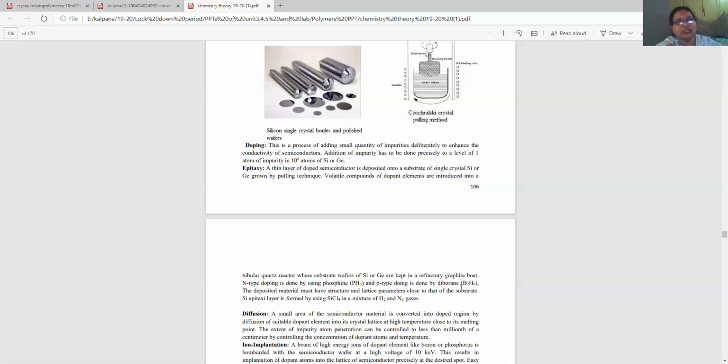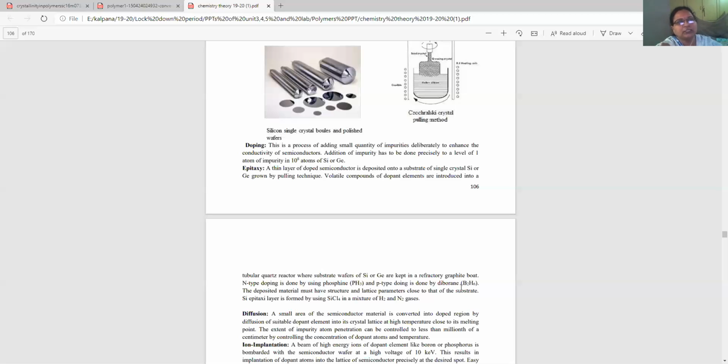So you are growing a matrix of silicon over germanium, or silicon on germanium, or germanium on silicon. Similarly, a matrix has been prepared. The n-type doping is done by using phosphine here, and p-type doping is done by diborane.